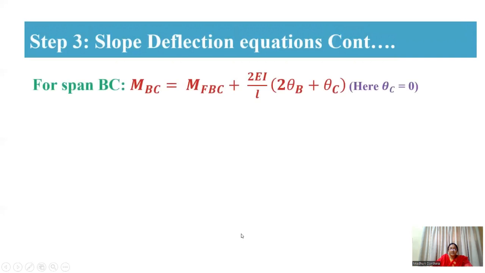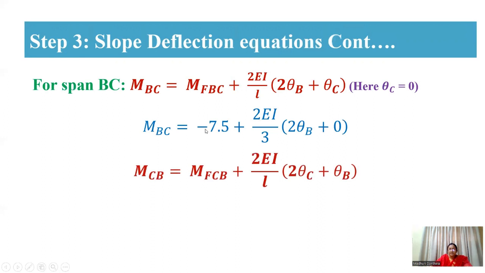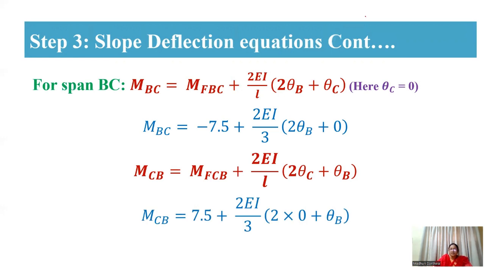And then similarly, for the span BC, MBC will be equal to MFBC plus 2EI by L into (2 theta B plus theta C). Here in the above problem, C is a fixed support, therefore theta C will be equal to 0. By simplifying the equation, you are going to get this, and similarly for MCB also. So here what we have done is we substituted theta C as 0.